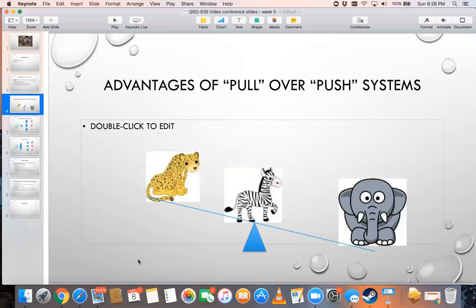So what also happens is when a zebra becomes a cheetah, this creates an artificial variation in the forecasting, in which all of a sudden the vendor goes, oh, I need a whole bunch more because I got a bunch of cheetahs.